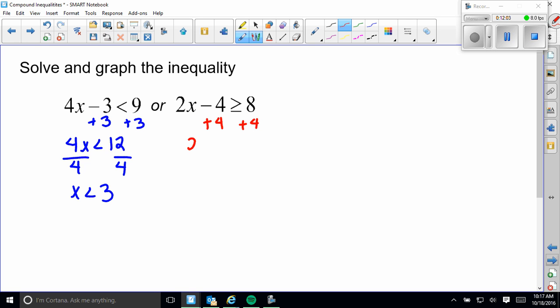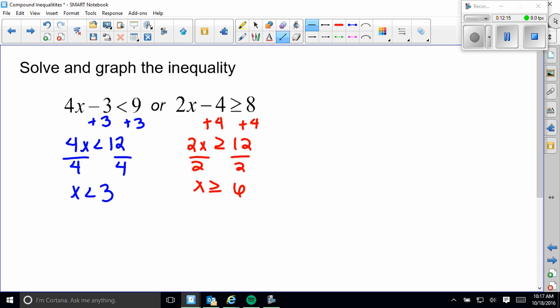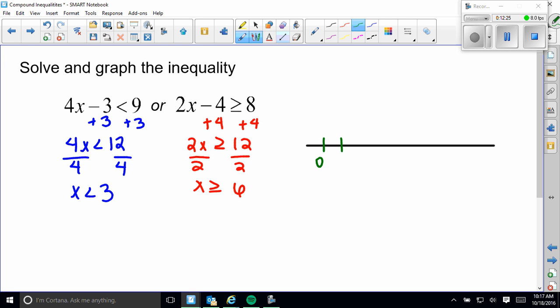Add 4, so x is greater than or equal to 12. Divide by 2. So x is greater than or equal to 6. Now we're going to go ahead and graph our inequality. We have a 3 and a 6, so we need to have points between that.